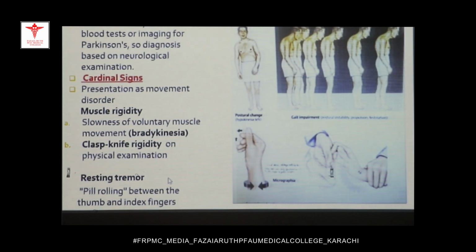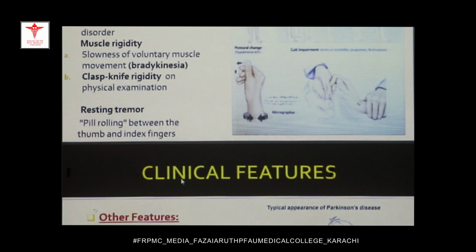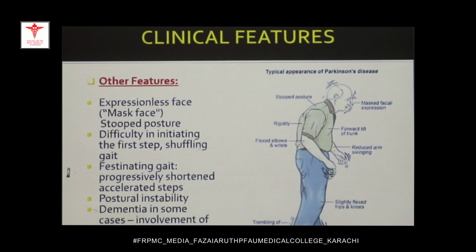And the involuntary movements, like pill rolling movement in the thumb and index finger. If you see the diagram, this is the expressionless or mask-like face, stooped posture, rigidity, and usually there is some flexion at the wrist joint and forward tilt of the trunk.